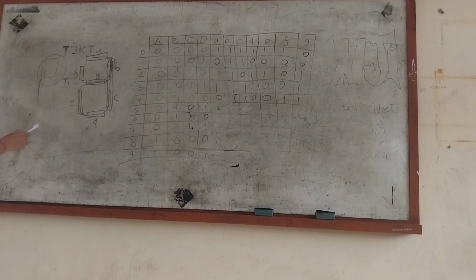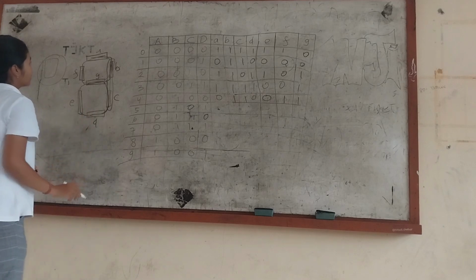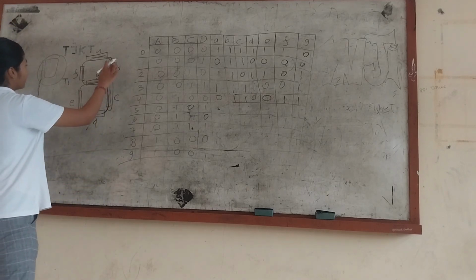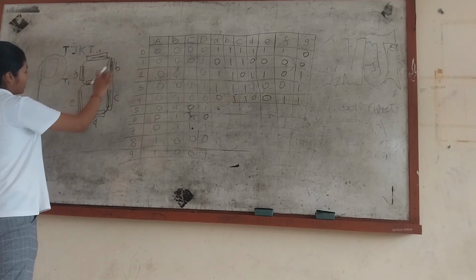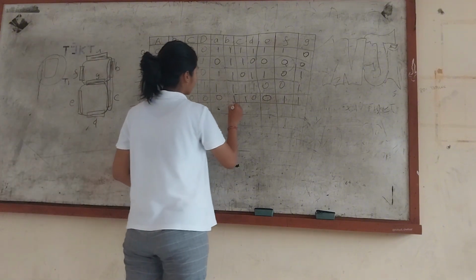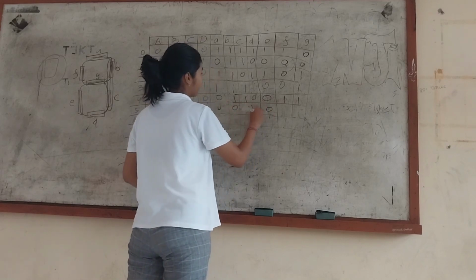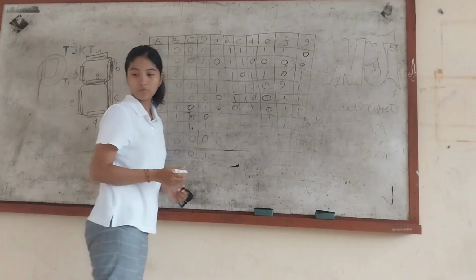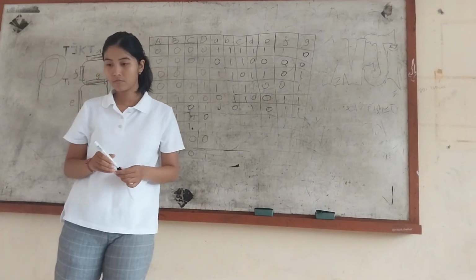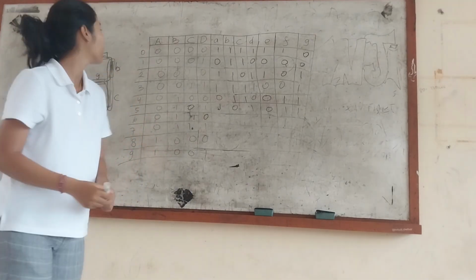So the 5, we need 5 like this. So B and E are 0, and the others are 1. How about 6?